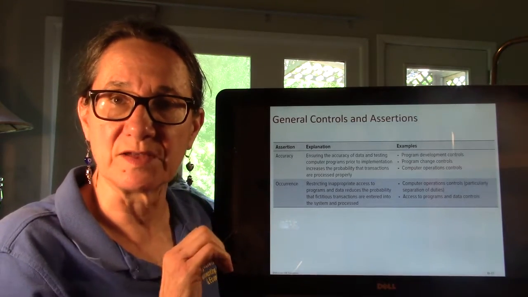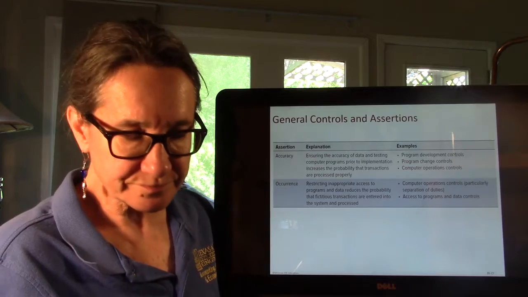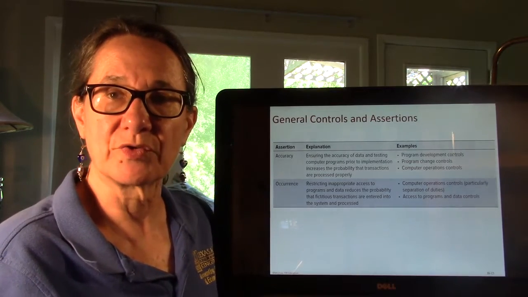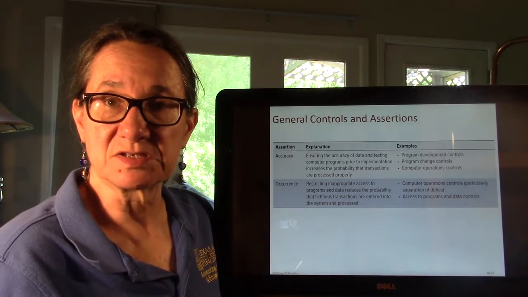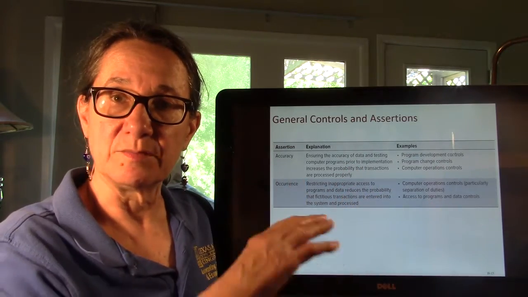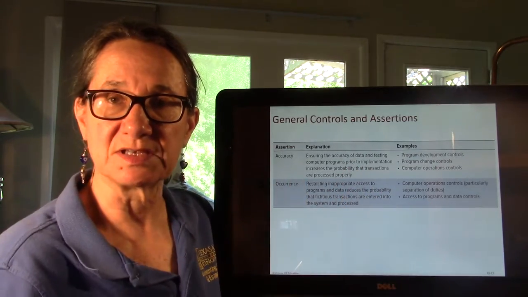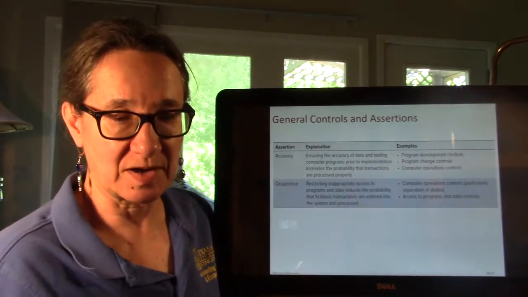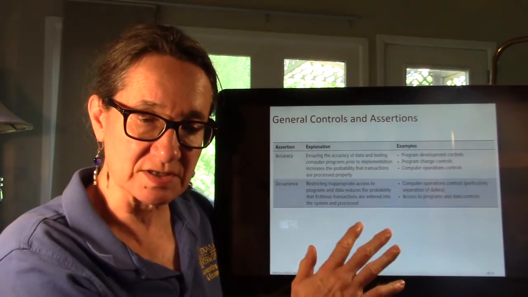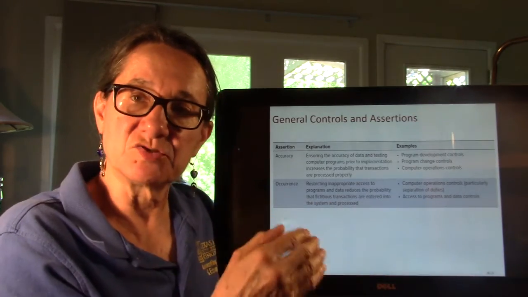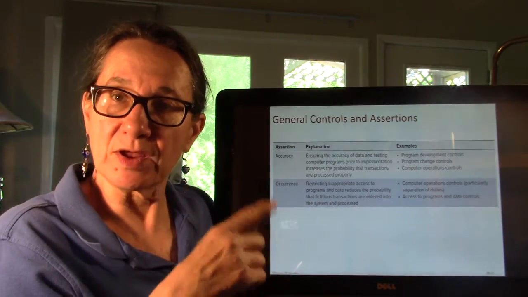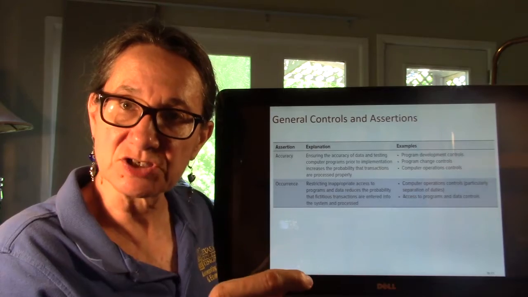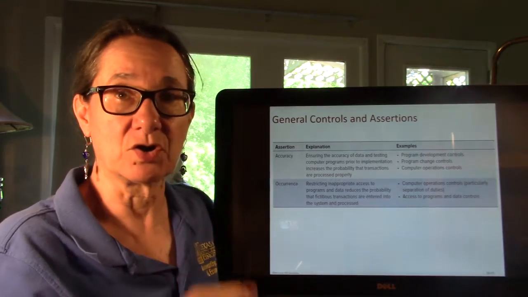And we'll get to those things when we get to application level controls. But as long as all the input stuff is good and the processing stuff is good and the outputting stuff is good, the application controls are good, you're fine, you're accurate, right? And of course occurrence: if you restrict access and only authorized people can do that transaction, it occurred, right?